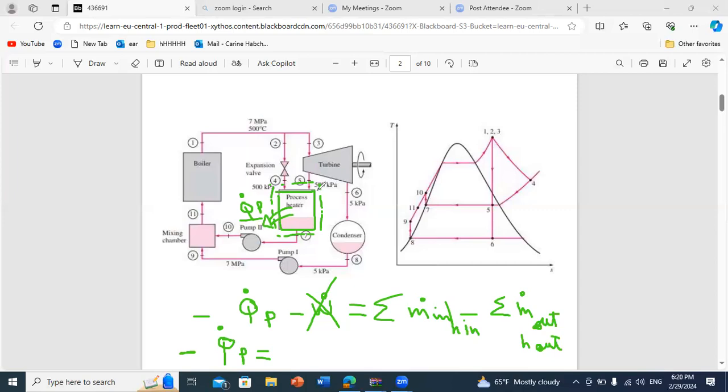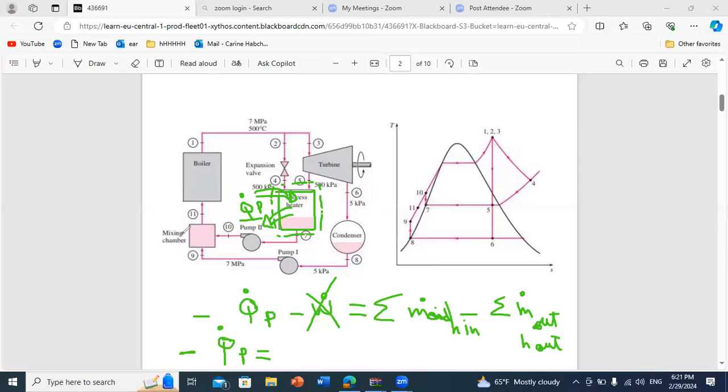Sorry, it's out minus in. When you write your relation, you put the outlet minus the inlet, because when you give energy to your system, the energy at the outlet will increase, and when you take energy from your system, you will lose energy.